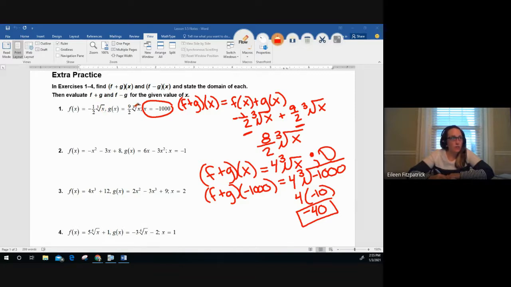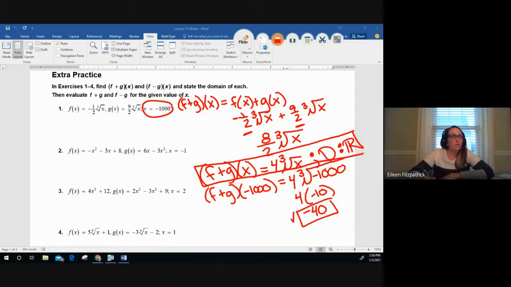Yes. Over here as well. Can you take the cube root of negatives, positives, and zeros? Yes. So your domain is all real numbers. There's no restriction. X can be any value you want it to be. Okay, so what I'd be looking for is the new function when adding the two functions together, the domain, and the evaluation.